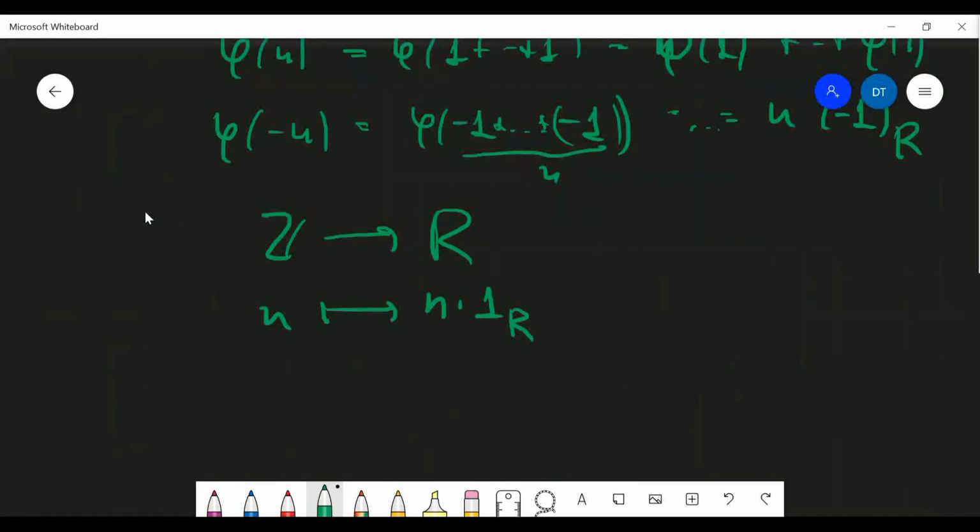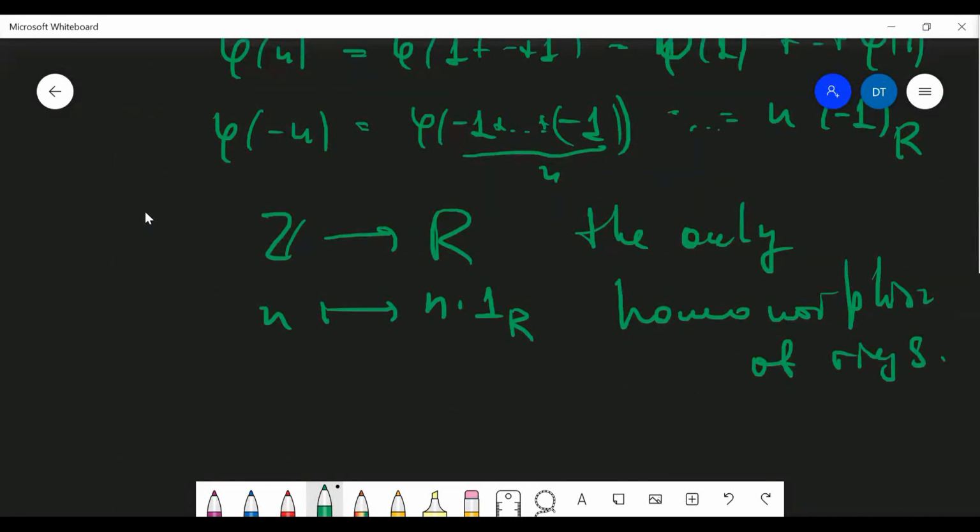So this is the only homomorphism of rings. There are no other options. So as you can see, there are a lot of different homomorphisms from Z to any abelian group as an abelian group, but there is only one homomorphism of rings from Z to any other ring.